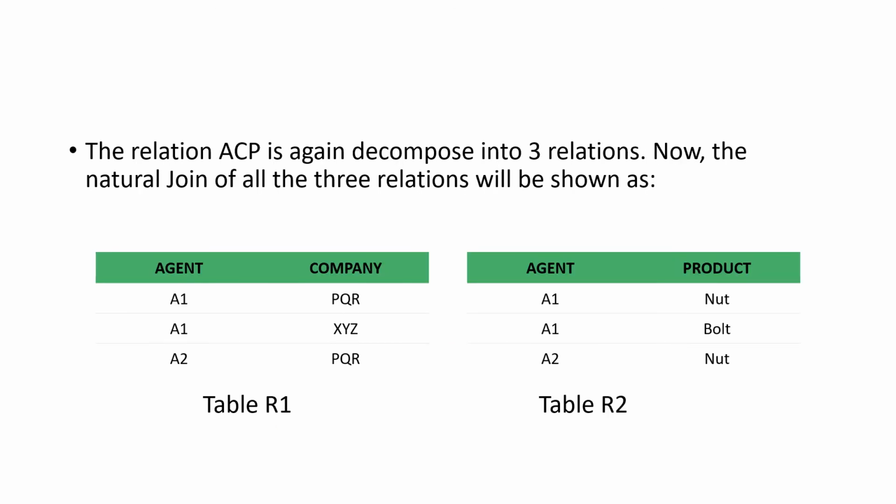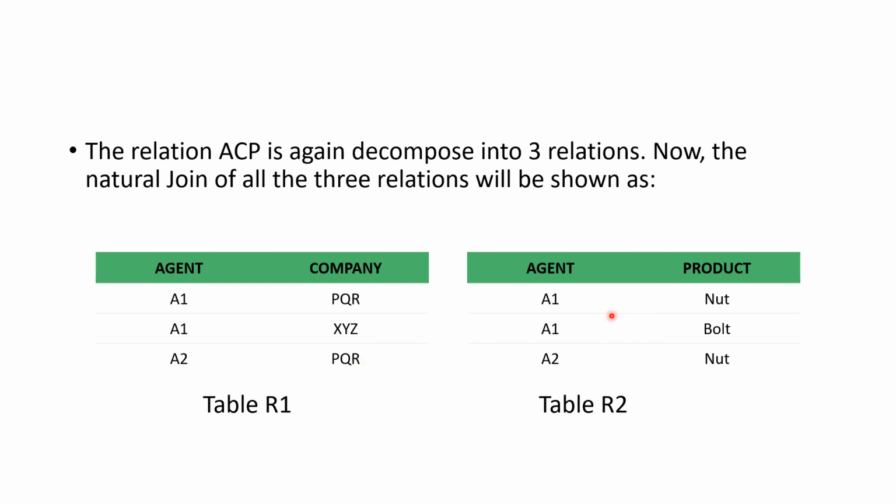The relation ACP, agent, company and product, is decomposed into three relations. Now the natural join of all three relations will be shown. So we have broken this down into three relations. First is table R1: A1, A1, A2 for agent, with company names PQR, XYZ, PQR.